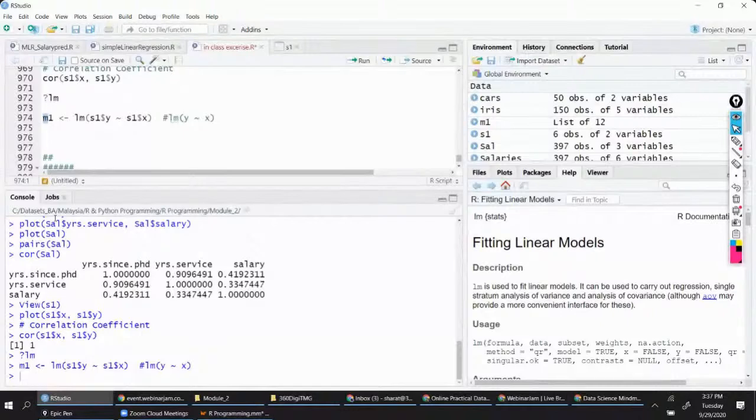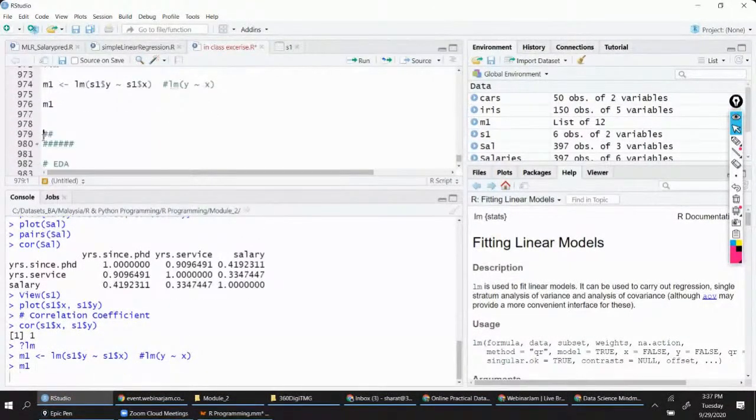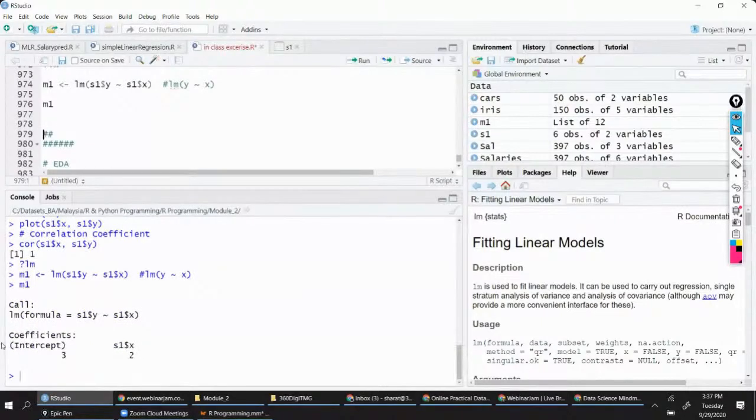So we have successfully created the model. If you just say M1, you get the intercept and the slope. Intercept is c, right? And the coefficient of x. So we got the y equals mx plus c equation.